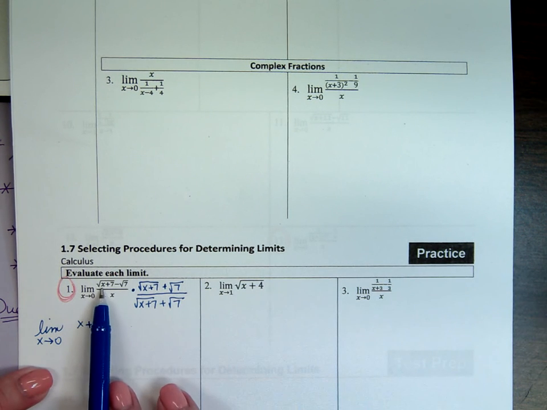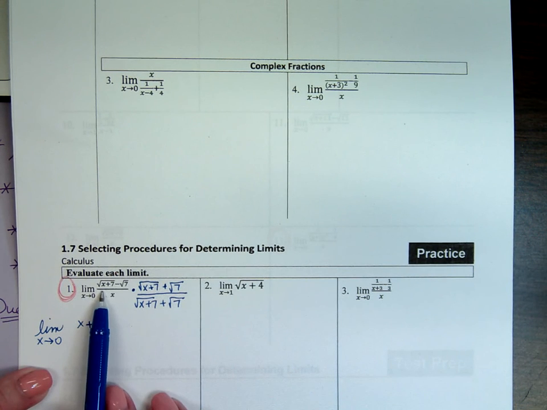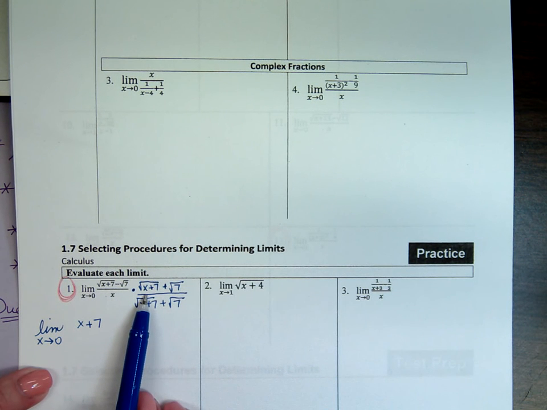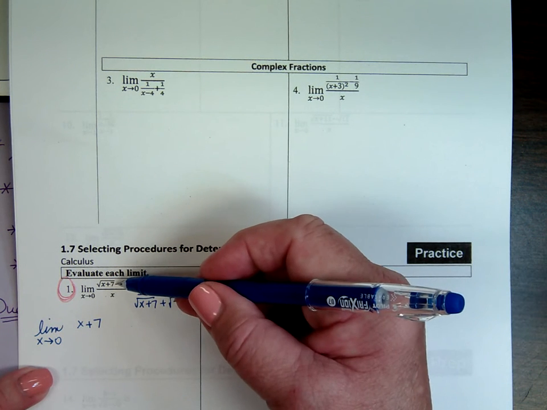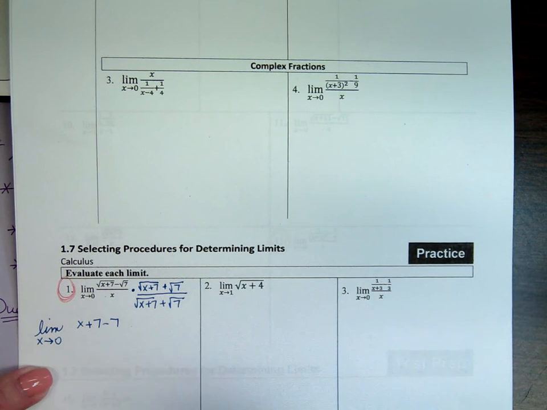The outers give me a positive square root of 7 times the square root of x plus 7. The inners give me a negative square root of 7 times the square root of x plus 7. They knock each other out, so you don't have any middle terms. And then you go to the last. Negative square root of 7 times a positive square root of 7 is a negative 7.